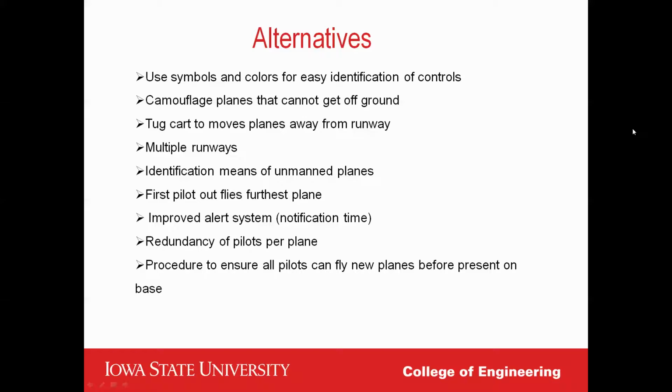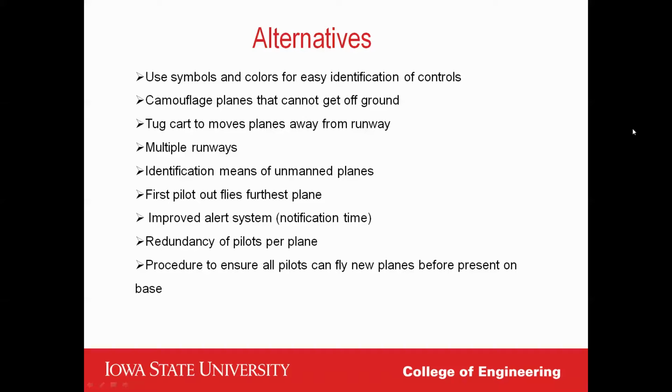An improved alert system would certainly help. It gives the pilot more time to prepare for an ambush attack, if any. And a redundancy of pilots per plane is also a key alternative, because then you would have an additional pilot on base in case there is any issue with existing pilots, or pilots that are not comfortable flying any planes.